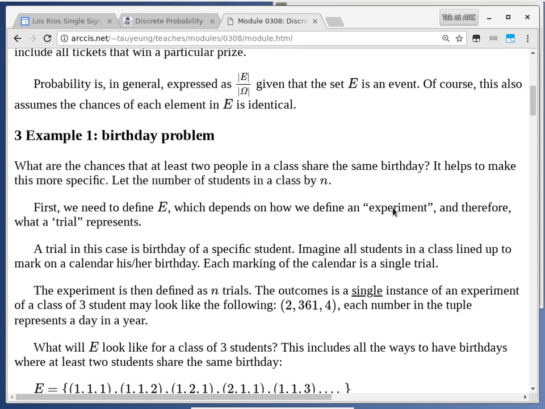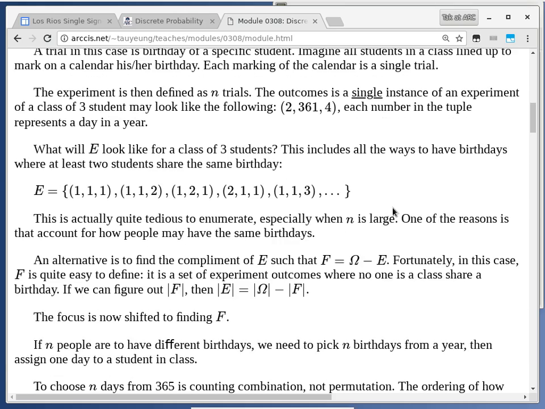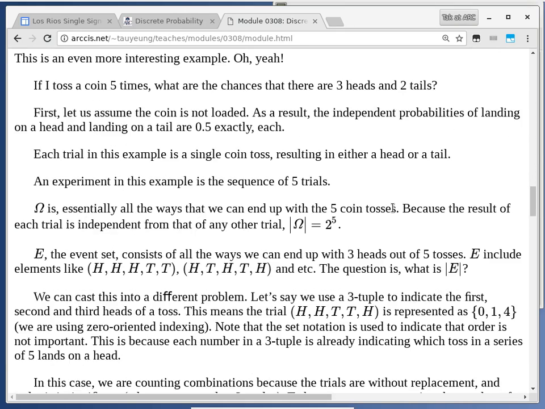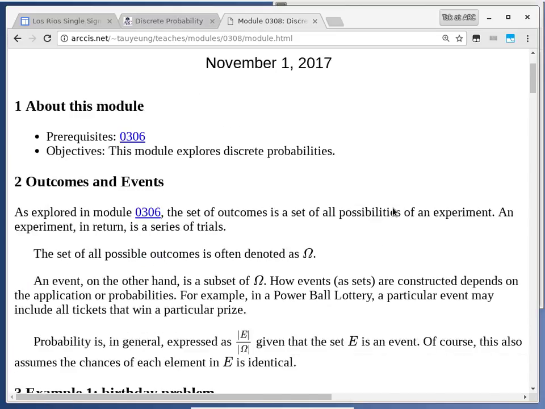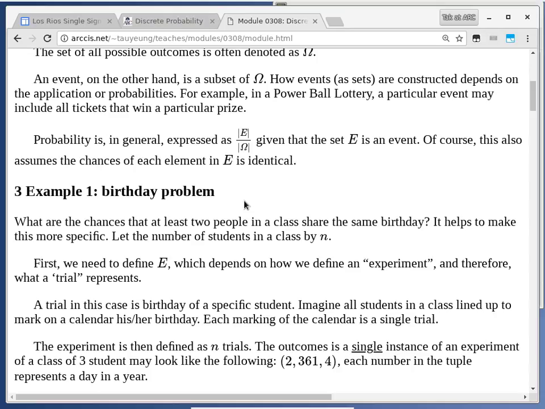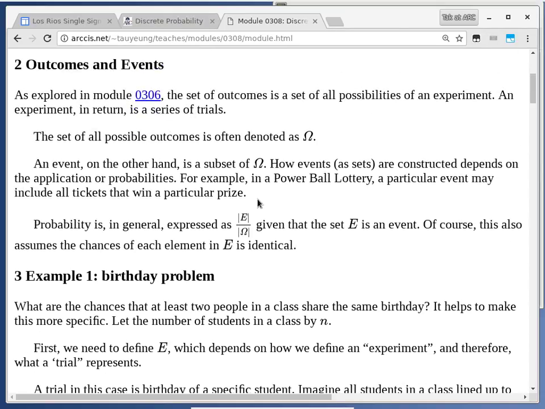In this particular case, we have all the usual stuff. Let's start from the beginning. This one does talk about outcomes and events again, and once again we talk about the birthday problem. The probability in this case is the cardinality of the event that we're interested in, divided by the cardinality of omega, which is the set of all the possible outcomes for the entire experiment.